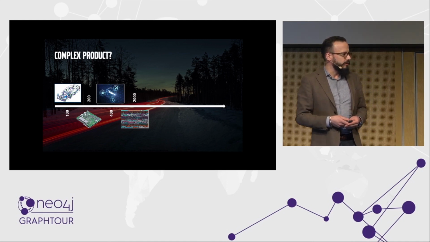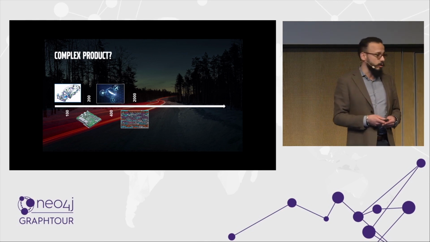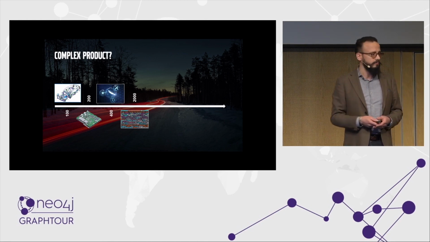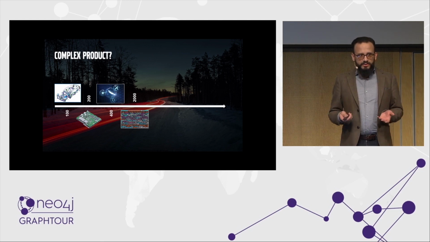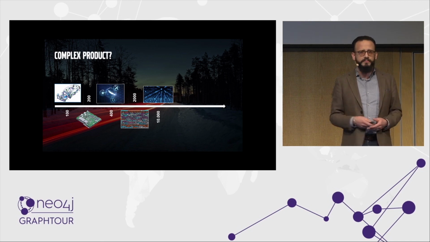Those 400 different functionalities are realized by about 2,000 software components, so pieces of software, applications, if you want. Processing, exchanging, and making sense of about 10,000 signals coming from all parts of the vehicles.